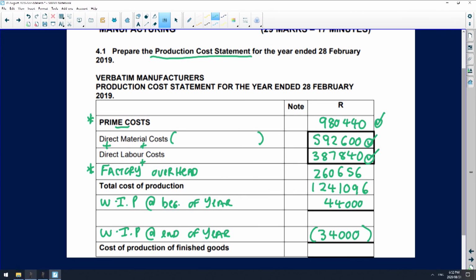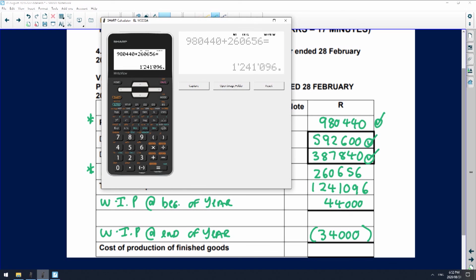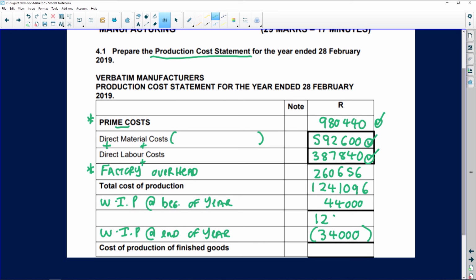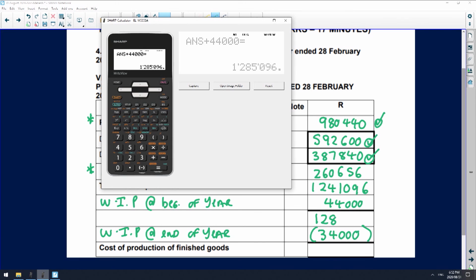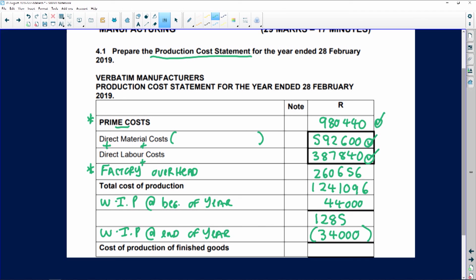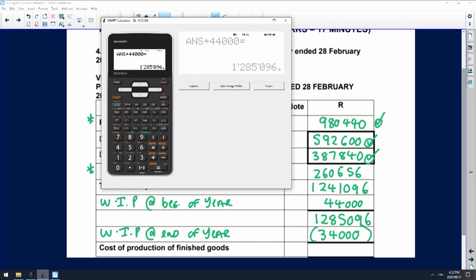Right, so let's get the calculator out. We're almost done with this question. So I'm adding 44,000, okay, and that gives me an amount of 1,285,096. Okay, and then all that's left is minus work in progress at the end of the year, 34,000.